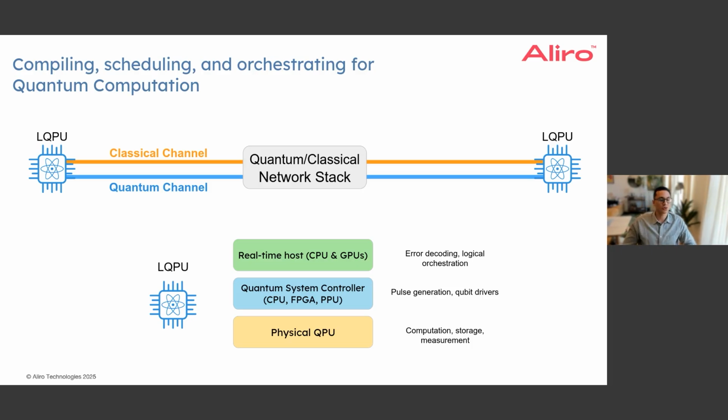Oftentimes, these controllers are implemented with a combination of CPUs, FPGAs, RF system on chip, different platforms depending on the QPU we're talking about, but it plays the same kind of logical function. But we need all of these three layers to turn that physical QPU platform into a logical QPU that can carry out some reliable quantum computation.